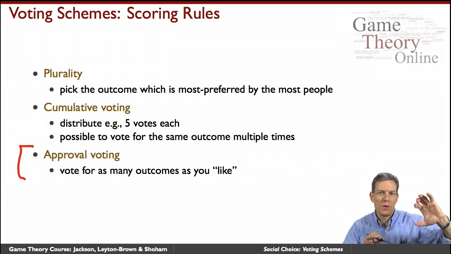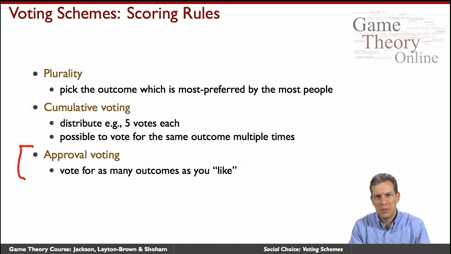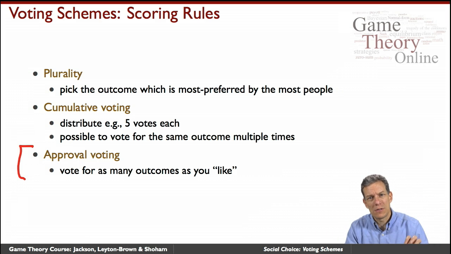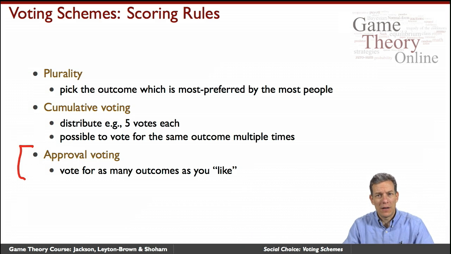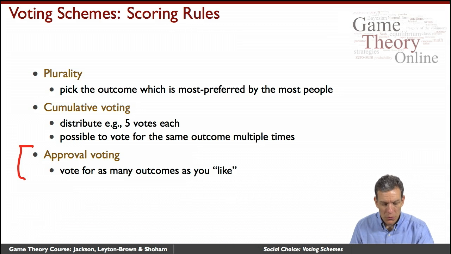So you just vote for the ones you think should be included, not for the ones you don't, and then there's some method of counting up and either picking just one if we are going to elect one candidate, or picking several if we're going to pick memberships. There's some threshold, and so that's known as approval voting. So these are different methods of making choices, and they're going to have different properties.